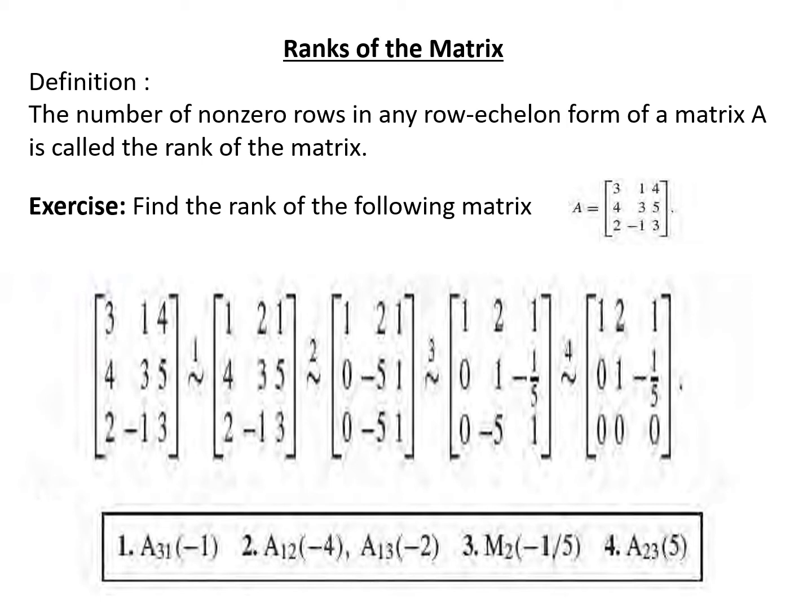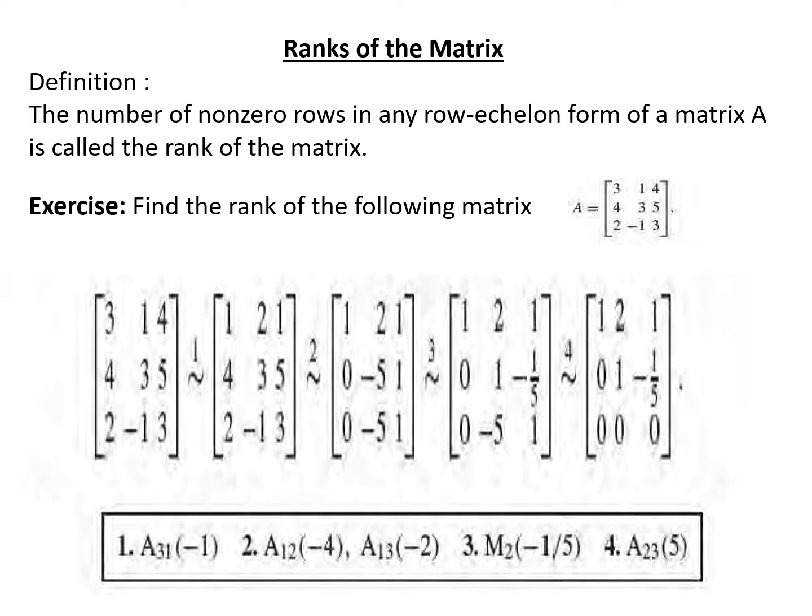In order to get the key element in the 2 comma 2 position, the second row second column position, we must apply multiplication. If we divide row number 2 by minus 5, the answer is 0 1 minus 1 upon 5. Now by using the second row we may find the third row.